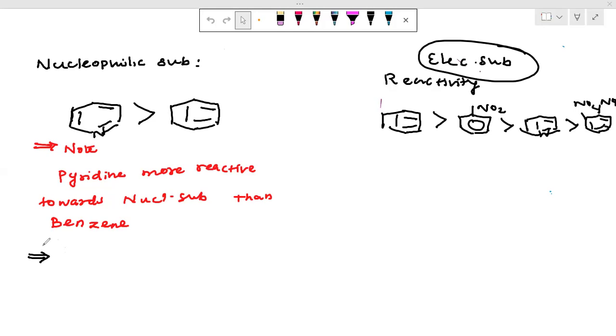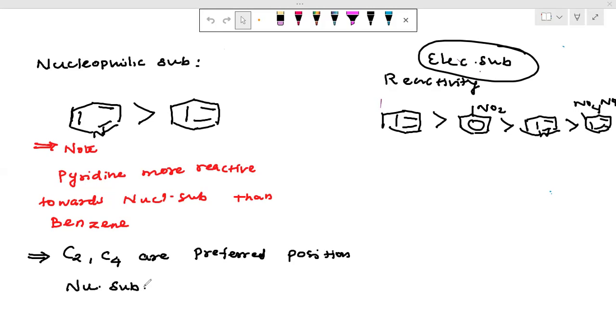The earlier ones we saw, pyrrole, thiophene, furan and indole, undergo only electrophilic substitution. In this case, C2 and C4 are the preferred positions for nucleophilic substitution.